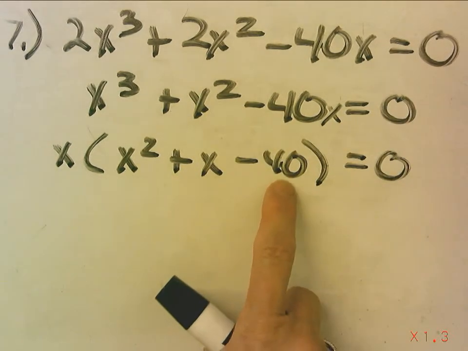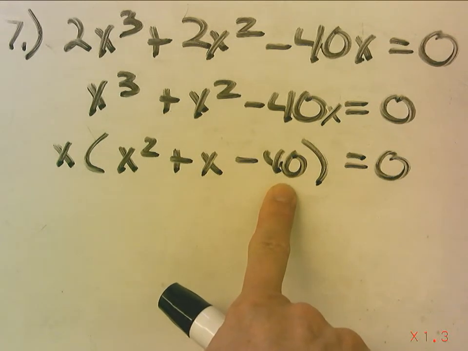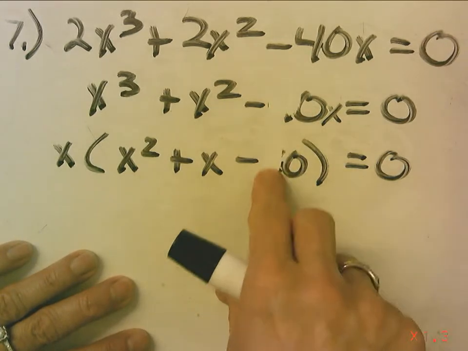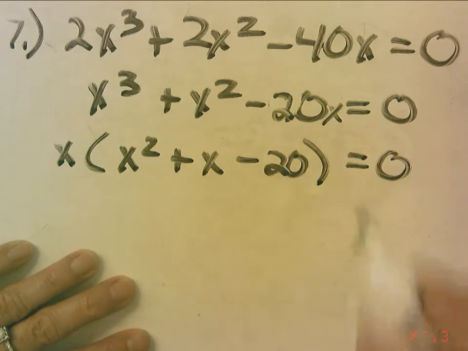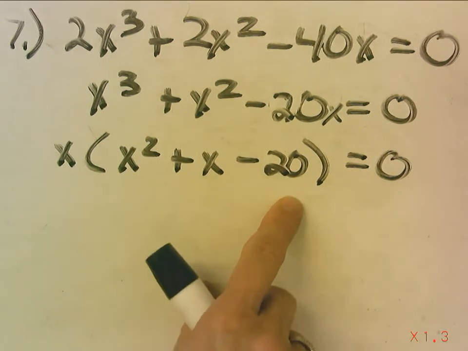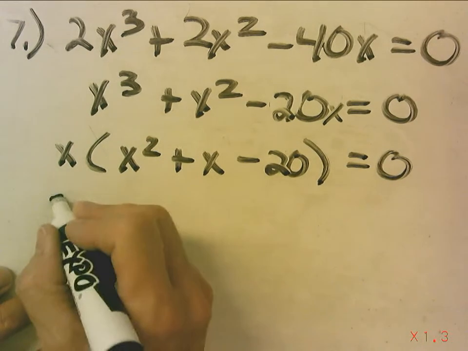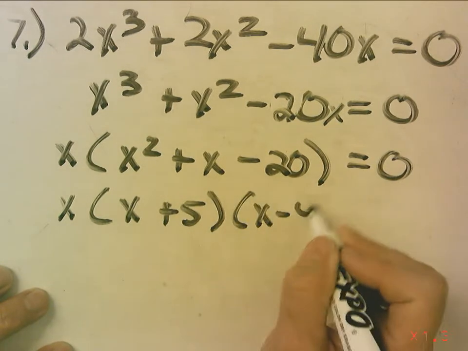So I look at the number 40, and I have to think of two numbers. Oh, that's supposed to be a 20. Did anybody notice I made a mistake? Because I divided by 2, it's supposed to be a 20. So now I'm looking for two numbers that multiply to negative 20, but add up to 1. So that's going to be x plus 5 and x minus 4.